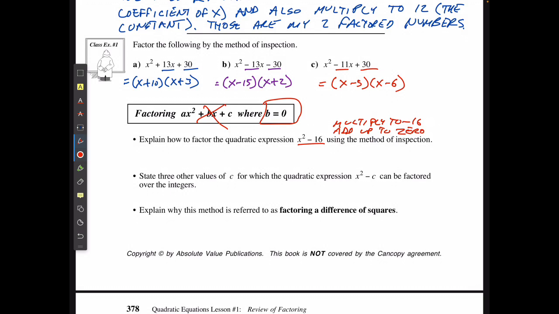Which means that they're going to be equivalent numbers, one's positive, one's negative. Well, the two numbers are going to be positive 4 and negative 4.